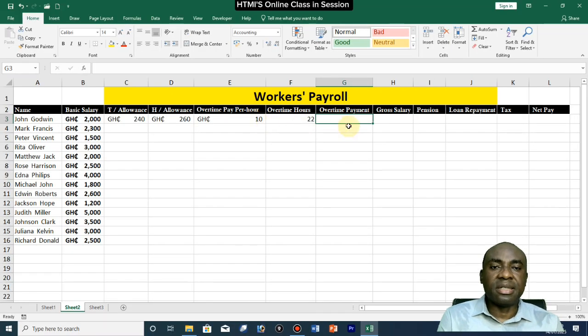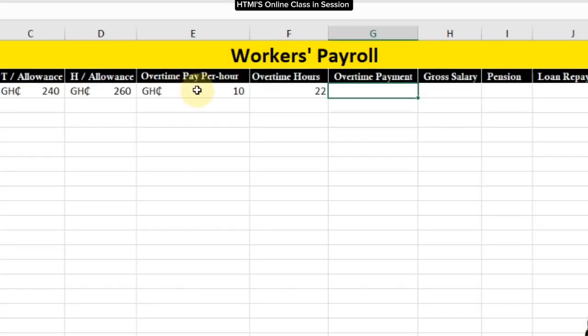So the overtime payment for this worker will be the overtime pay per hour times the total overtime hours, and that's definitely going to be 10 cedis times 22. How do we do that? As simple. We come to this place, equal to, click on this, then multiply by this, enter. So that will amount to 220 cedis.